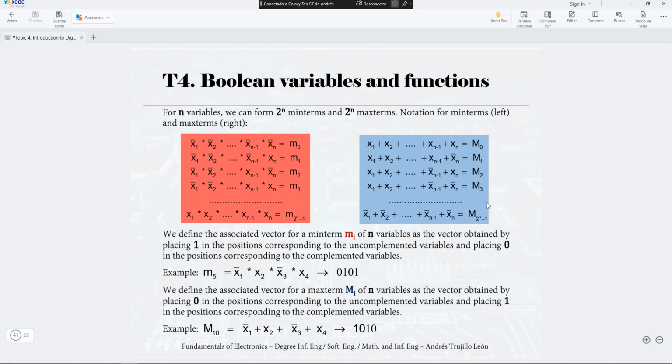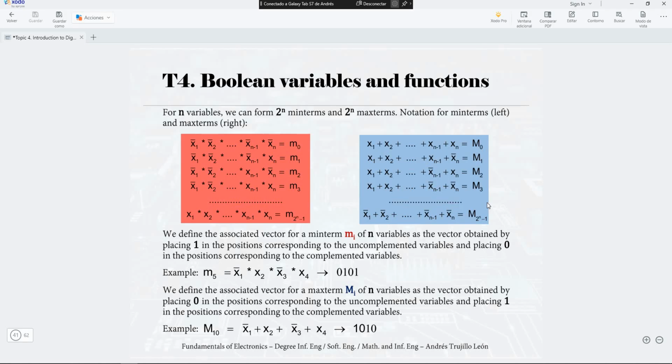Well, this is quite obvious. If we have n variables, we can form 2 raised to n min terms and 2 raised to n max terms. Why? Because we are going to use the variables in their natural representation and the complemented representation.